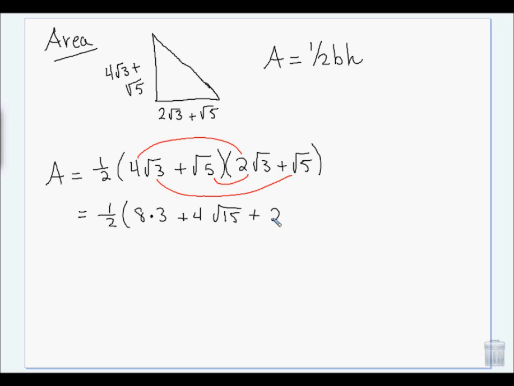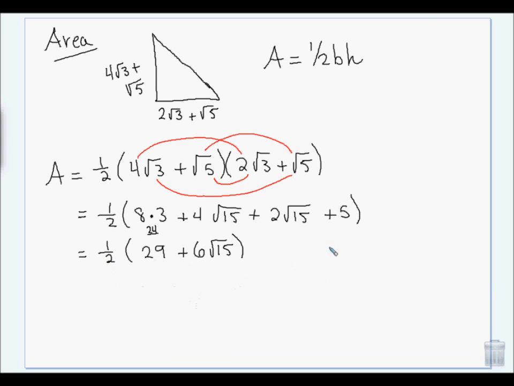And then I'm going to have 2 times the square root of 15. And finally, my square roots of 5 are going to cancel each other out and leave me with just a 5. Well, 8 times 3 is 24, right? So that's 24. Plus 5 is 29. And then 4 times the square root of 15 plus 2 times the square root of 15 is 6 root 15.